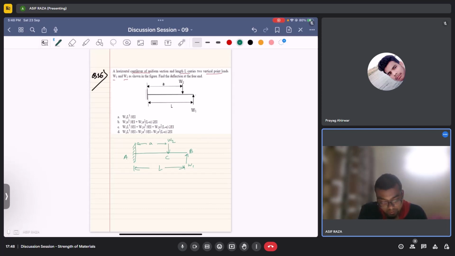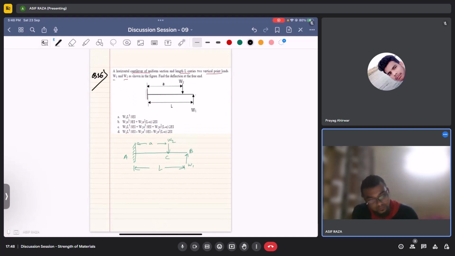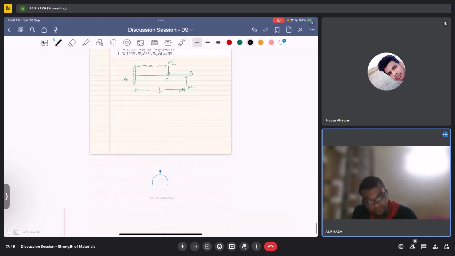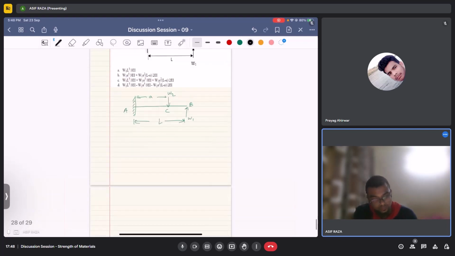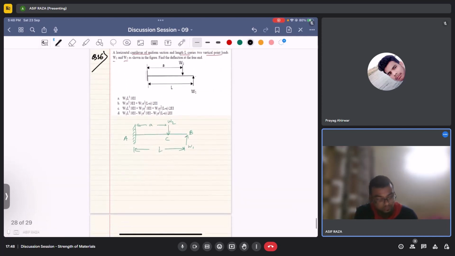Now let us draw the bending moment diagram.